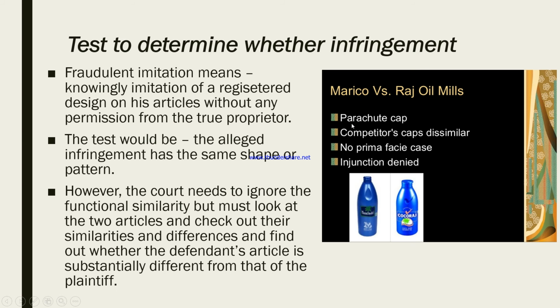But what is the decision? Parachute's cap and the competitor's cap are dissimilar. Can you see this? The shape is different, and the manner in which the seal is shown is also different. So there was no prima facie case made out by Parachute. The injunction against Coconut was denied by the court.